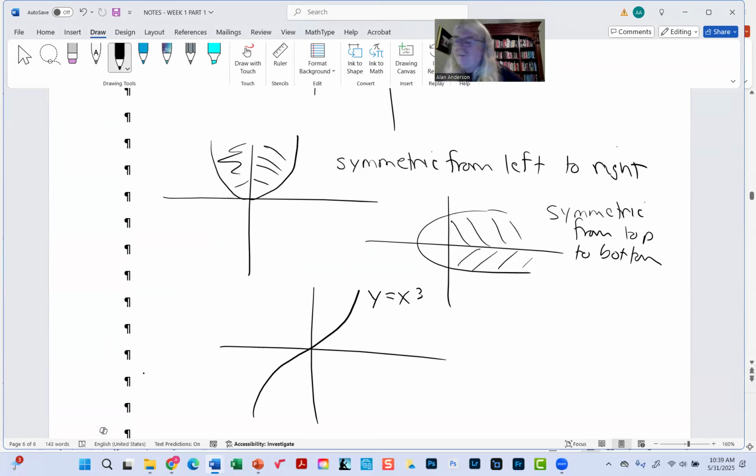Just a quick reminder, the way this xy coordinate system works is we have 4 quadrants.